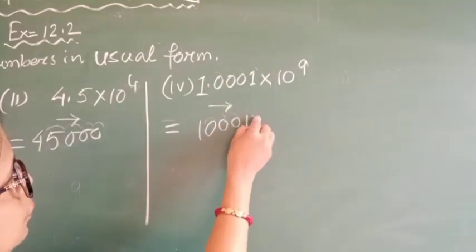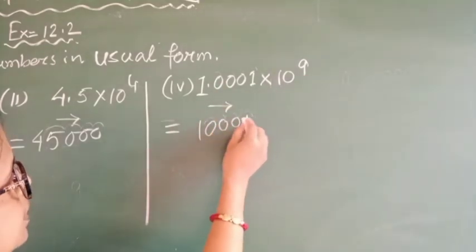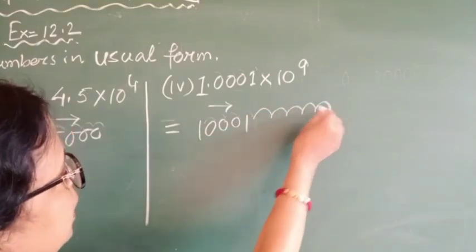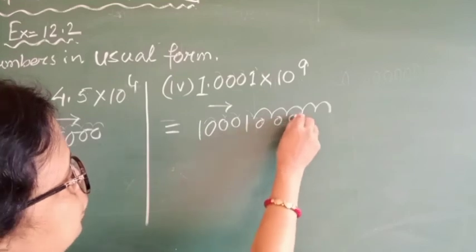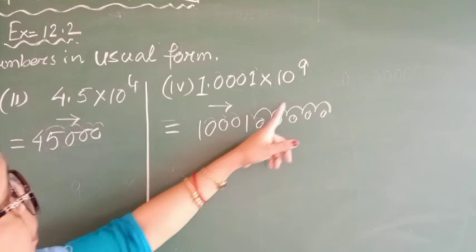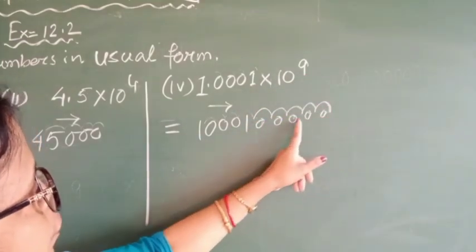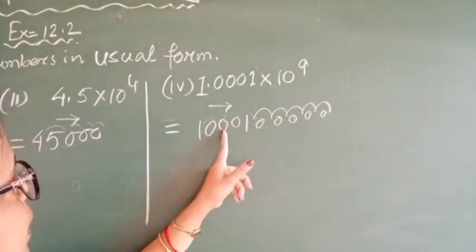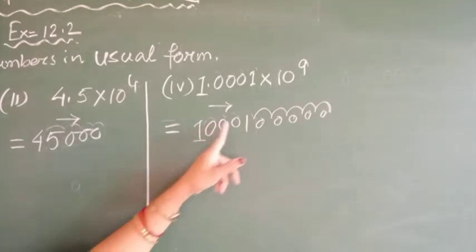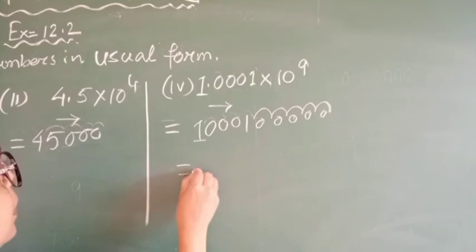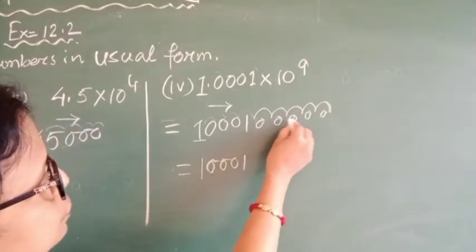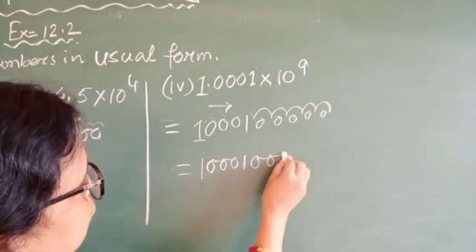Now the point will meet 9. 4, 5, 6, 7, 8, 9. 1, 2, 3, 4, 5. Now how many zeros in all? 9 zeros. 1, 2, 3, 4, 5, 6, 7, 8, 9. After 1 the point was here. So we can write the number in this form: 1, 0, 0, 0, 1, and after that 1, 2, 3, 4, 5.